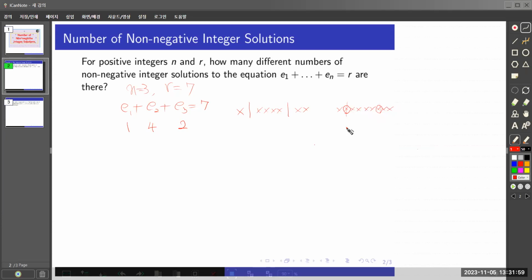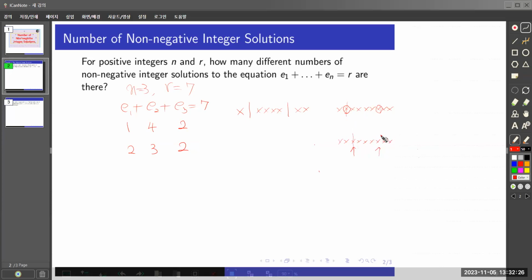Well, you may think about another integer solution, maybe 2, 3, and 2. In this case, we again want 9 x's here, and then you choose the third x and the 6th x.